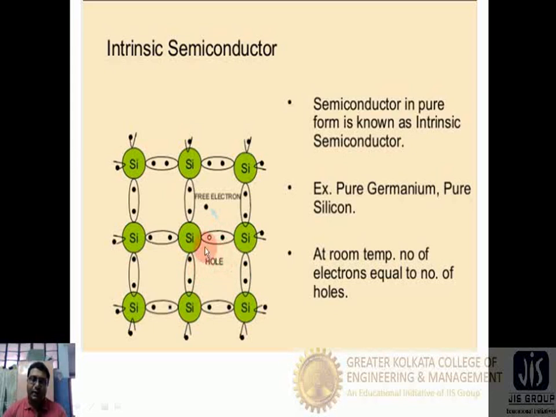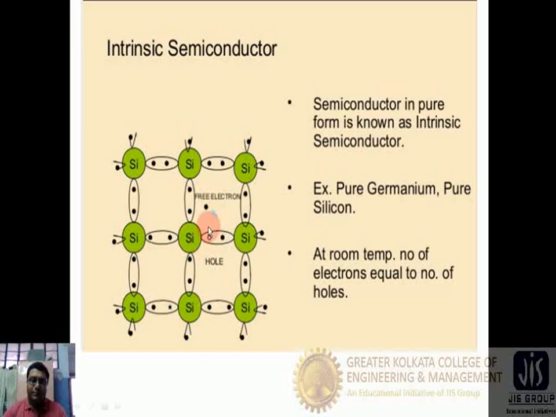This gap occurs due to the escape of the electron from the covalent bond, and this escape happens due to heat or room temperature, when sufficient energy is present to break the covalent bond and bring the electron free.